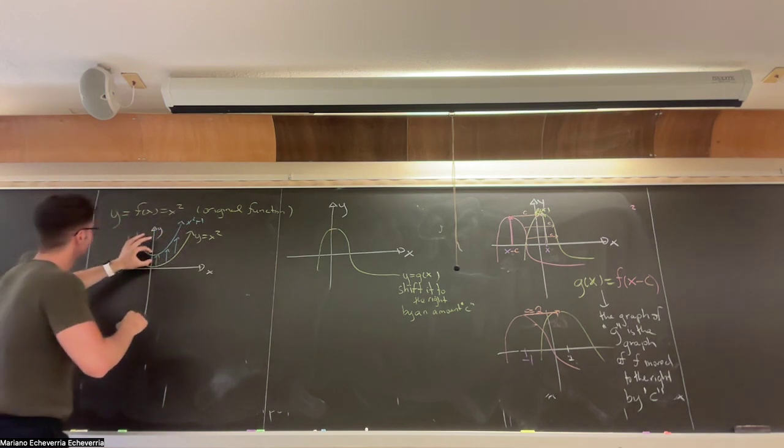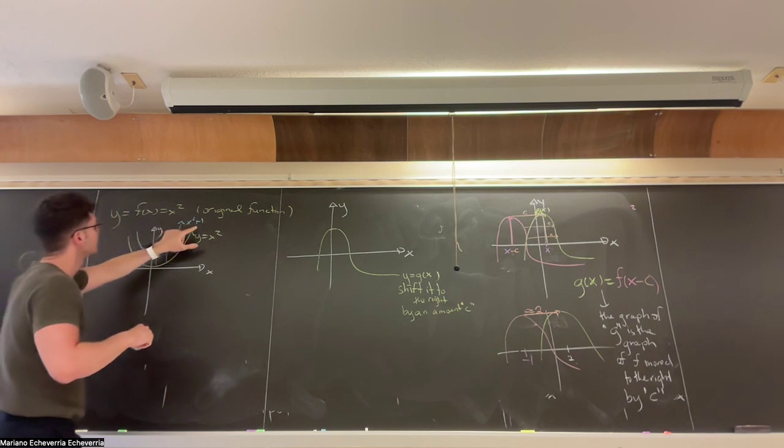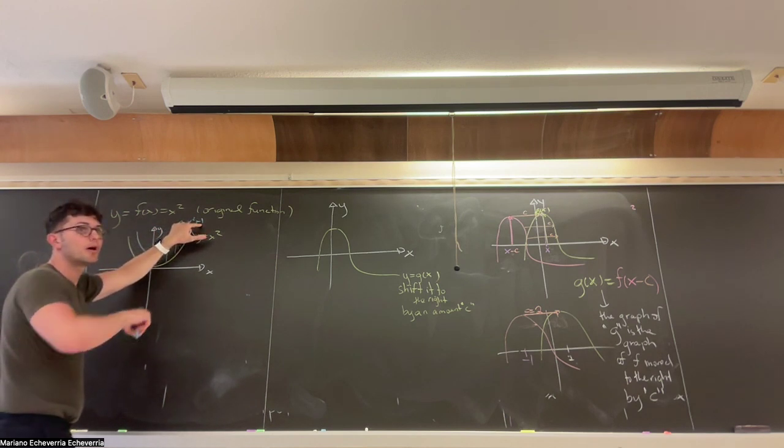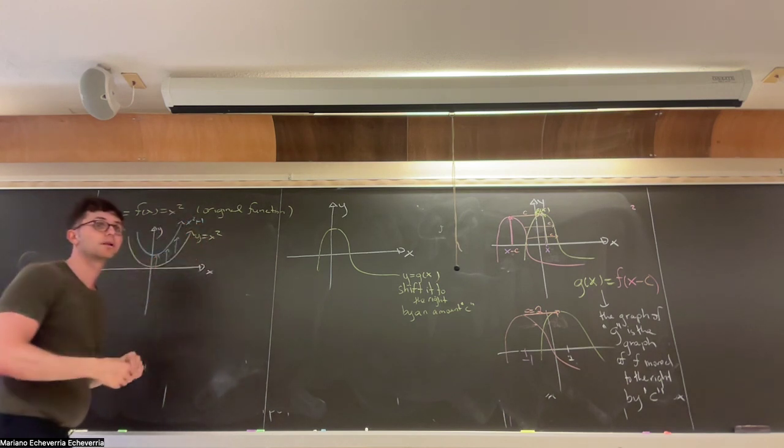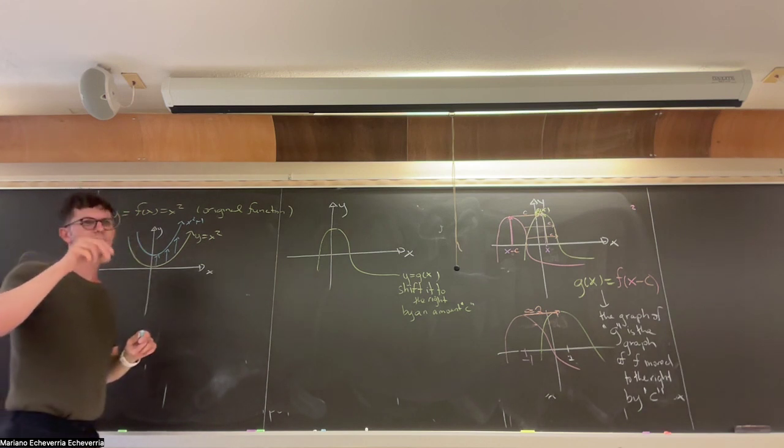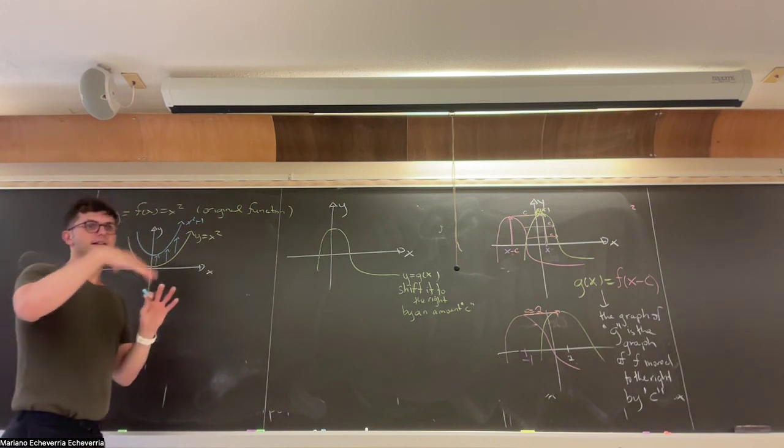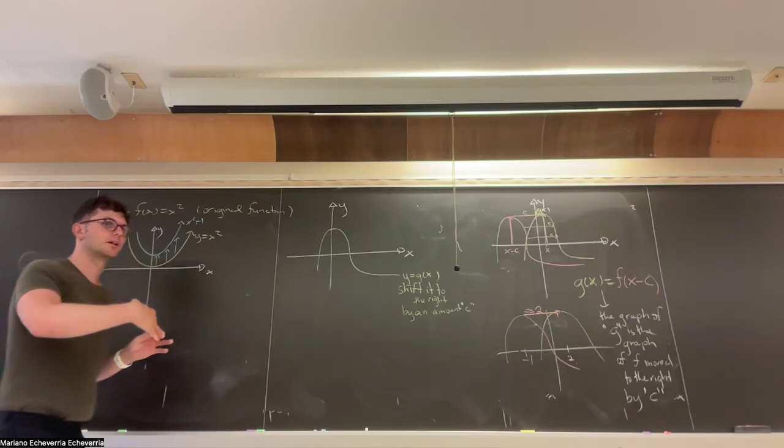So y is what's changing by 1 unit, so you just add the number 1 to the formula of the function. If you add a number to the formula, that is what moves the function up or down.